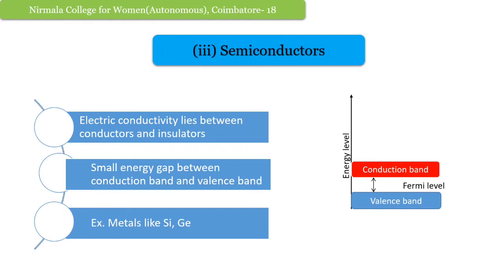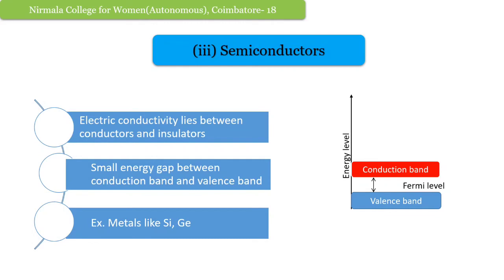The energy gap between the valence band and the conduction band is very small, so the electrons can easily jump from the valence band to the conduction band. So it starts conducting. Some external energy is required for the semiconductors to conduct heat and electricity.